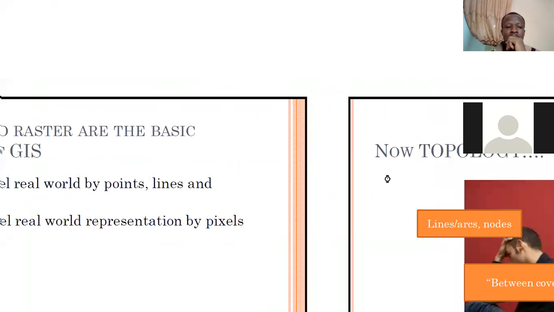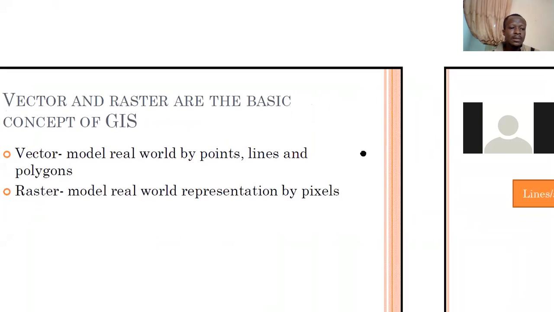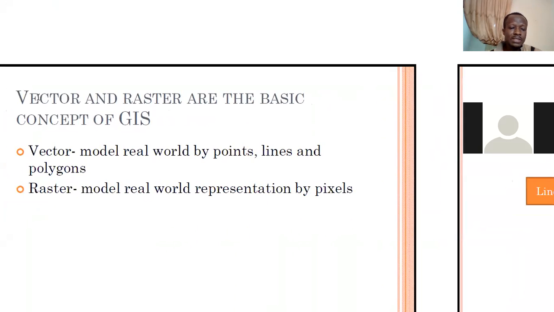Excuse me. All right, so great. We'll be touching on this vector and raster. Are you okay? These are the basics of GIS. If you learn GIS, one of the things you should know about is the vector and the raster model. So as I'm talking from time to time, you hear me talking about a point, a line, a polygon, those things belong to the vector model, and the raster has got to do with picture.